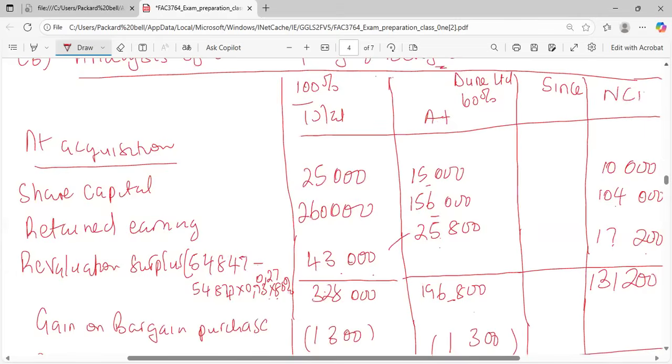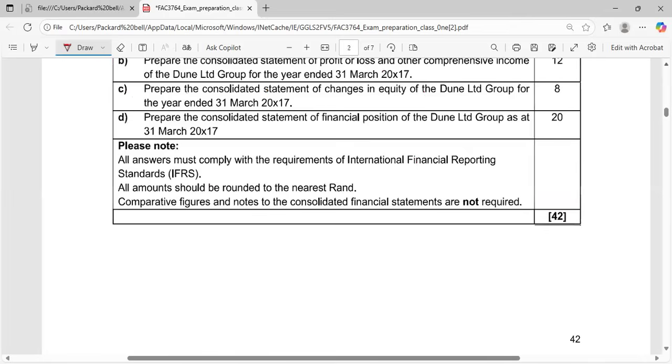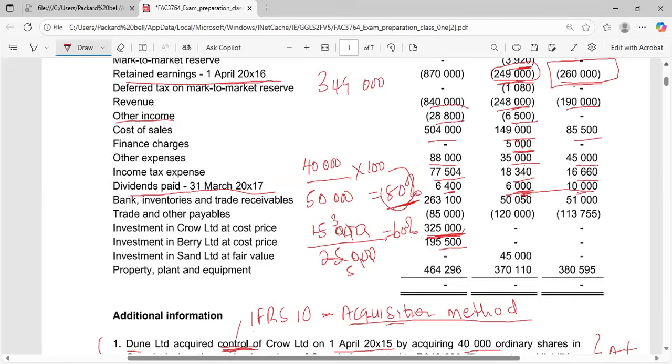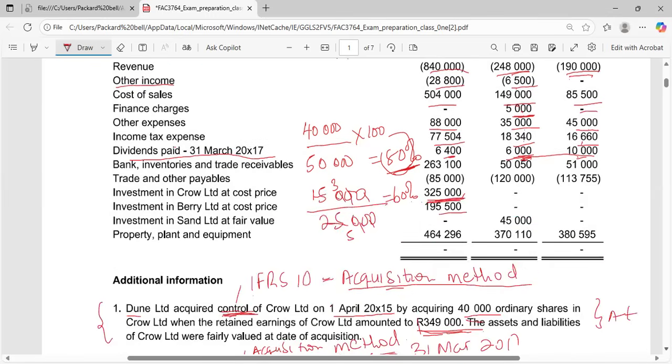You can calculate the profit for the year. Let's see if we can calculate it inside or it needs a separate calculation. Right, the profit for the year for Bear Limited is going to be 190 minus cost of sale of 85, other expenses, and income tax expense. I think we can do it inside. That one is not going to be a problem. Let's just do it inside there.